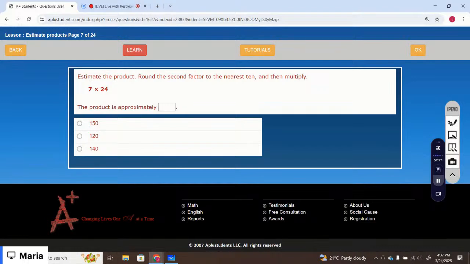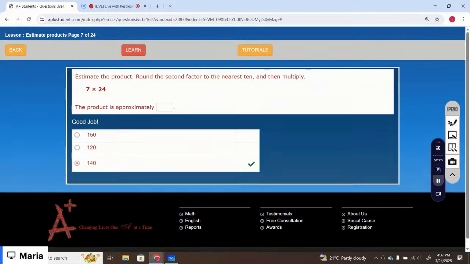Seven times 20 equals 140. Option number 3 is the correct option.